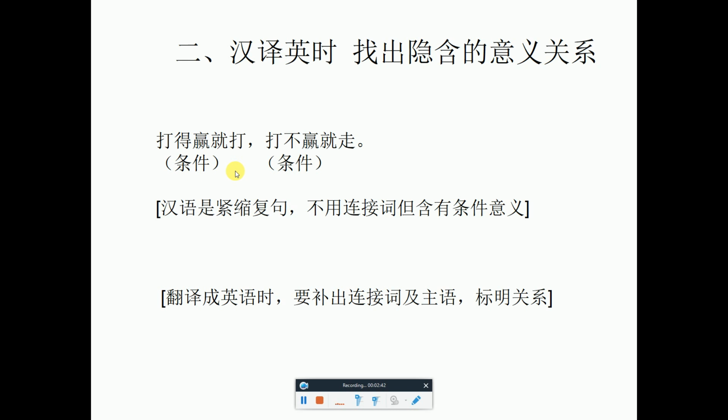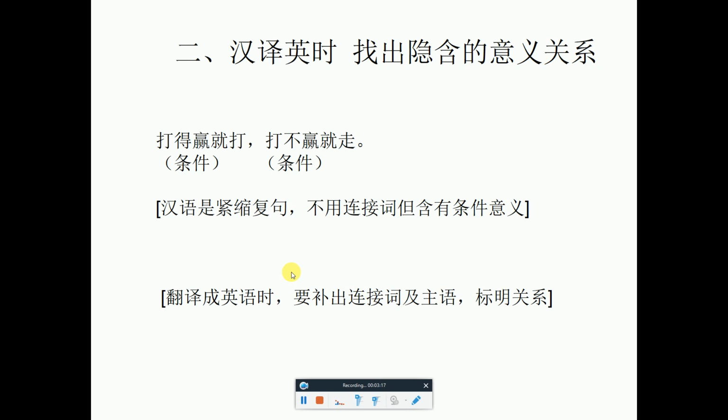For example, 打得赢就打，打不赢就走. Here in this Chinese sentence, you cannot find any conjunctions to explain the relationship between parts of the sentence. And this relationship is hidden in the Chinese sentence structure. 打得赢 is the condition. 打不赢 is another condition.